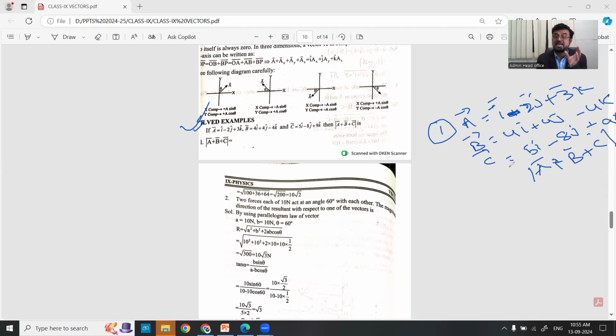The mod is the magnitude of the resultant. We have to add all these three. You can add i plus 4i plus 5i, that is 10i. Right? Directly you can write 10i.